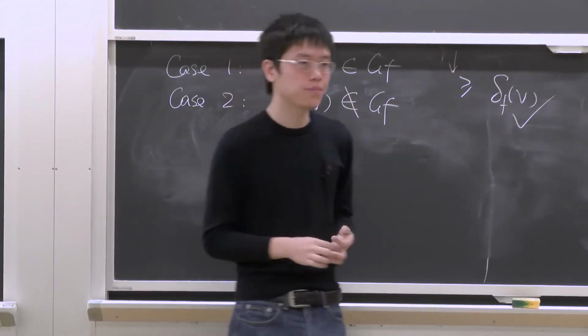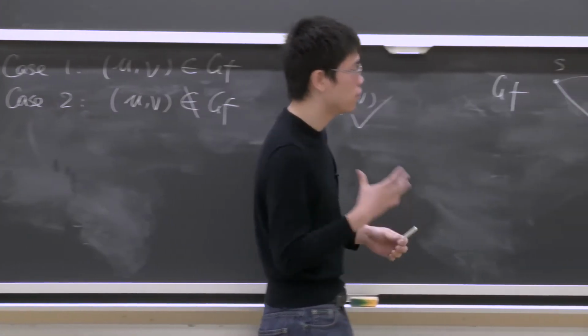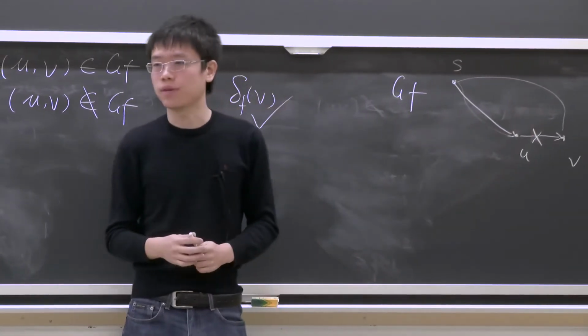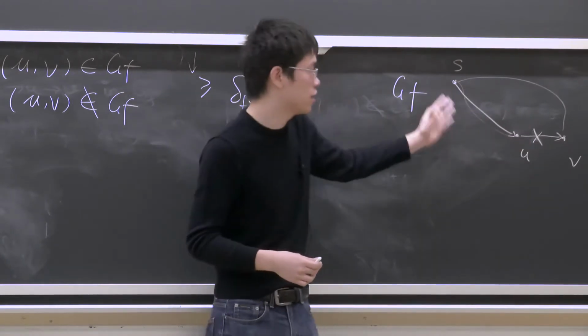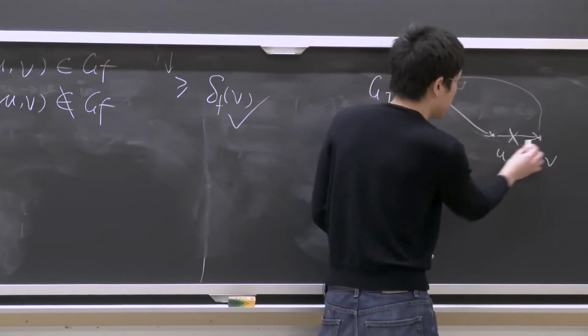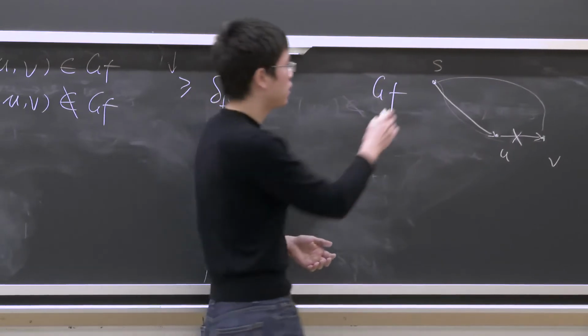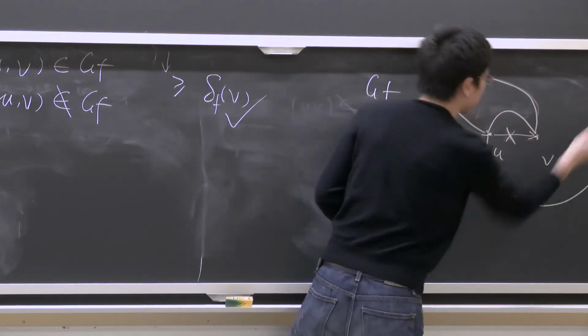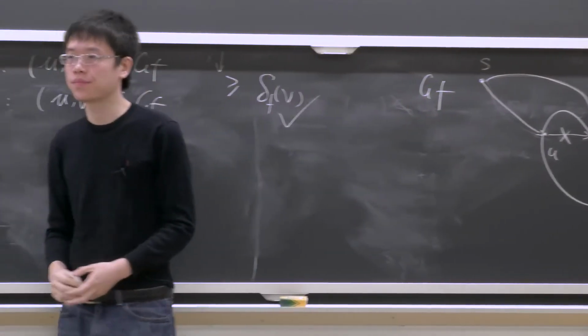How can that happen? That must mean we are augmenting a path that goes right through it, right? But this edge doesn't exist, so we cannot be augmenting a path that crosses this way. We must be augmenting a path that goes like that, right?